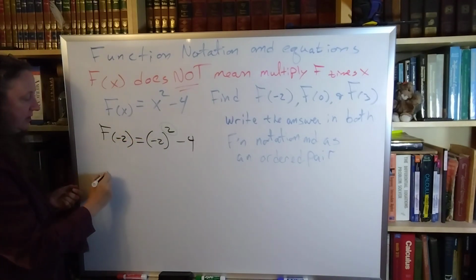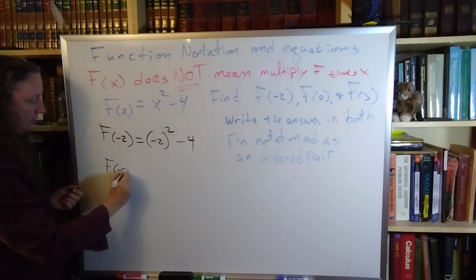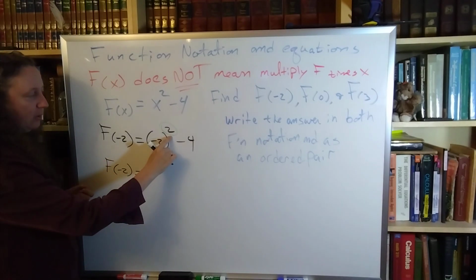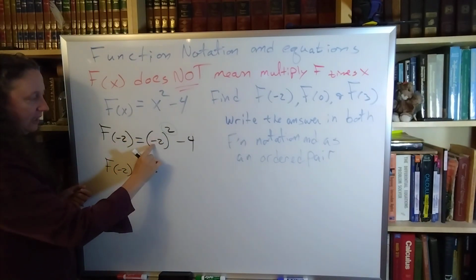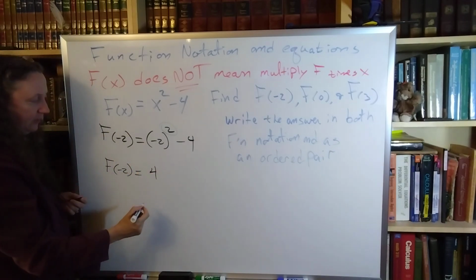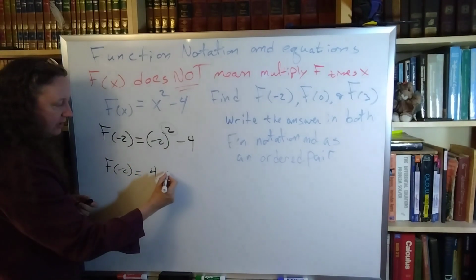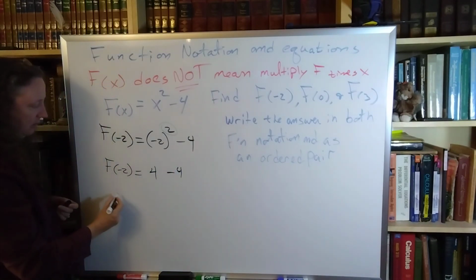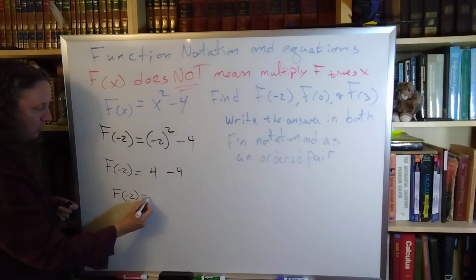So order of operations says that I do my exponent first. So -2 times -2 gives me +4. And then I carry down my -4. So I have f of -2 equals 0.